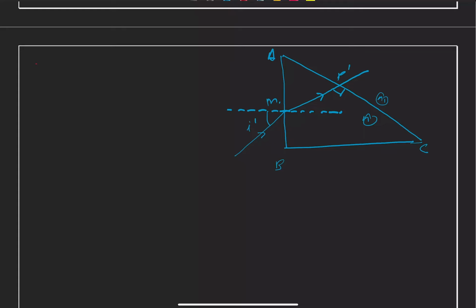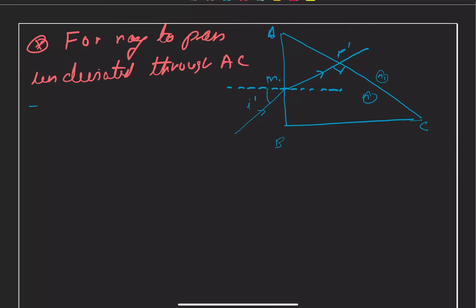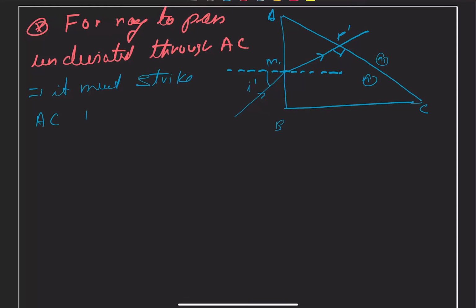We can write that for the ray to pass undeviated through AC, it must strike AC perpendicular.